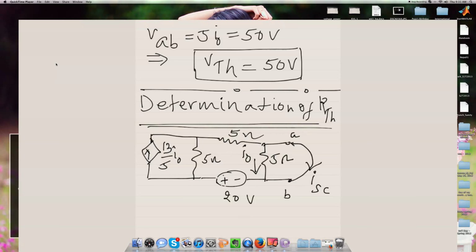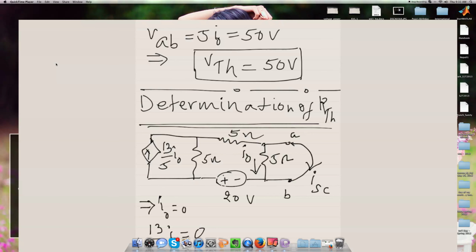And we have been saying the current that flows there is I sub naught. So I naught in this case is nothing. By drawing this ISC as the current that's flowing through this shorted wire, we discover that there is no I naught left. If there is no I naught left, then 13 over 5 I naught is also gone with the wind, meaning the diamond is non-conducting.